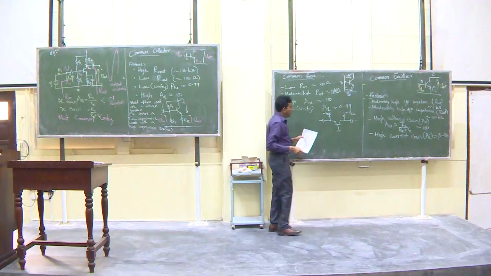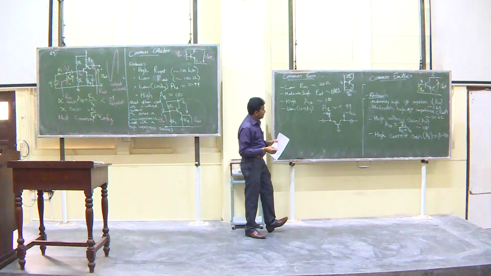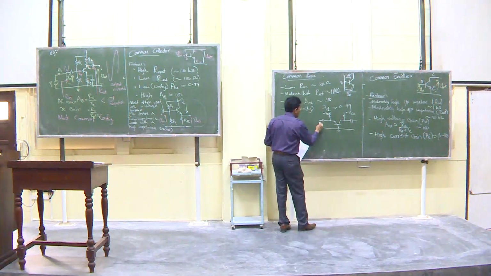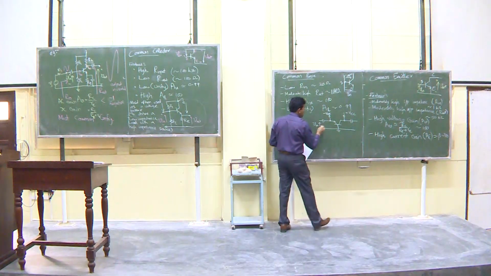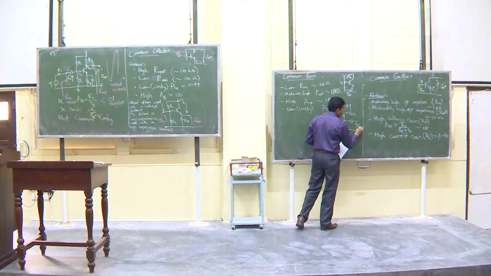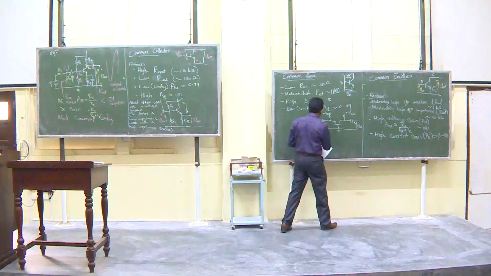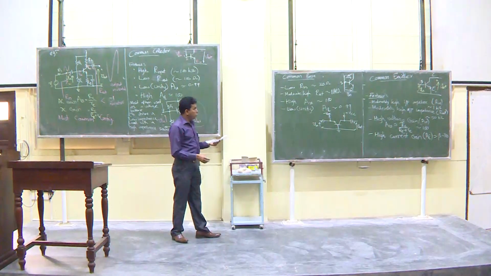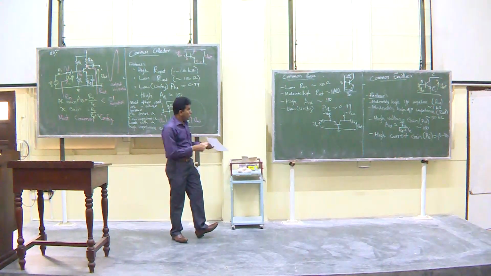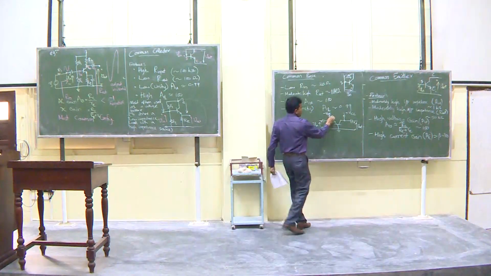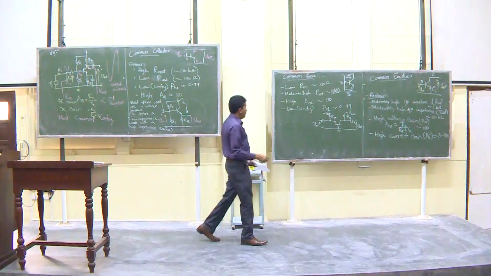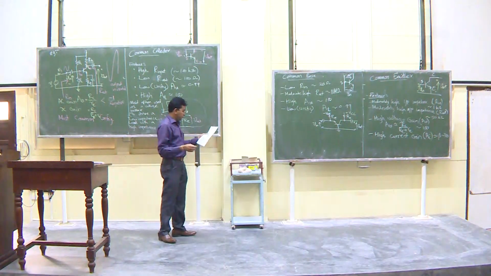This needs to be connected in such a way that... right. So that's your input and output. So that's an example of a common base amplifier.